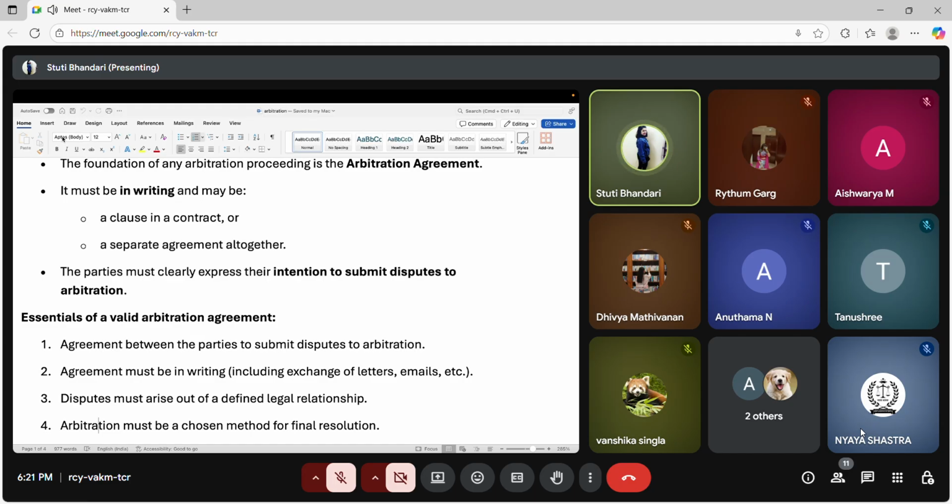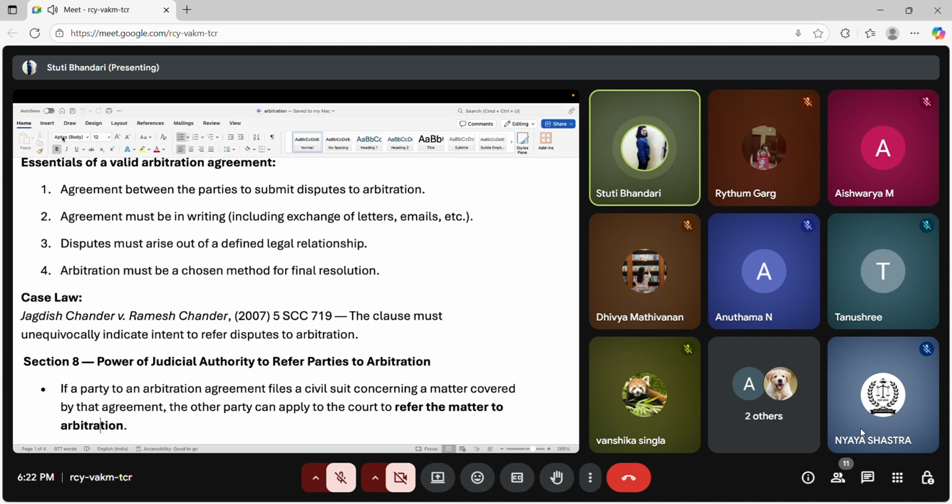Now, arbitration must be chosen as a method for final resolution, which means that the parties have to choose that they want themselves to submit to arbitration. This is very important. You cannot force a party. They have to write this clearly that their final method of resolution should be arbitration.